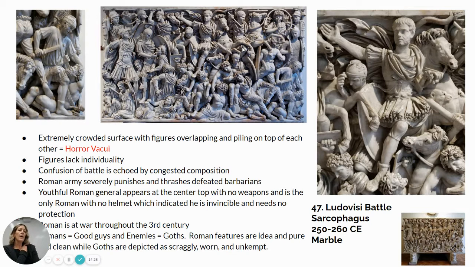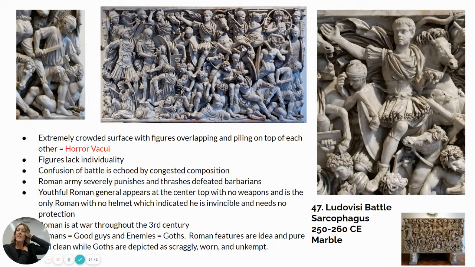So the term that I want you to become familiar with, and we will revisit this term in other images, is that this is a composition that is horror vacui. And again, I just love that vocabulary term.